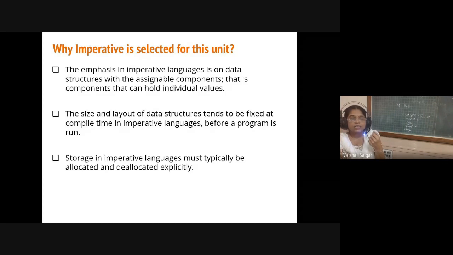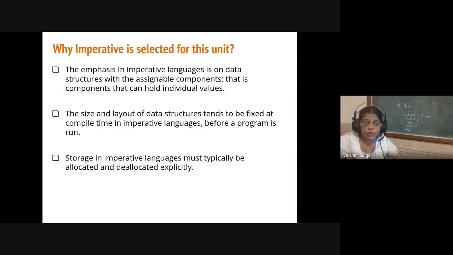In some programming languages, integer is 2 bytes, but in some programming languages that data type may use 4 bytes also. So in imperative programming languages, for a particular data structure, the size and the layout are going to be fixed at compile time.